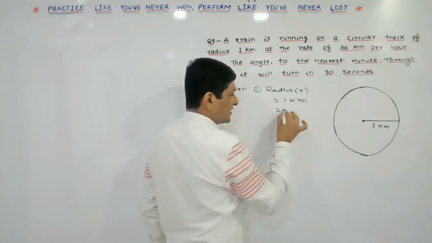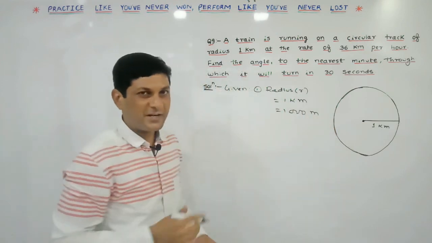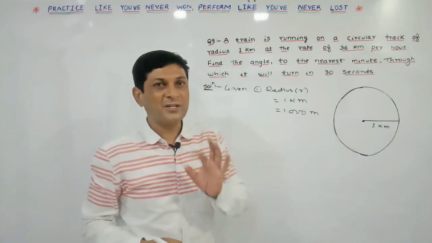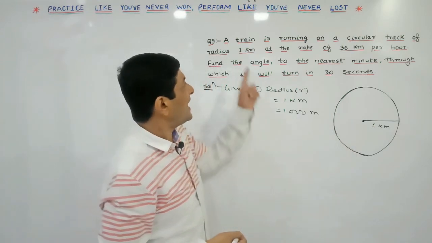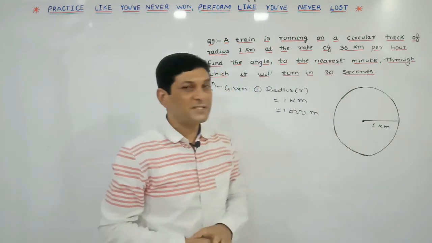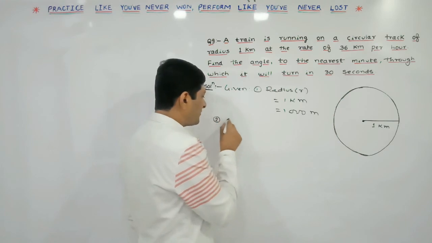Let us try to convert it into meter. If we multiply it by 1000, kilometer will get converted into meter. So here the radius of this circular track is 1 kilometer, it is given to us, and the train is running on this circular track at a speed of 36 km per hour. So the second given condition is the speed of train.